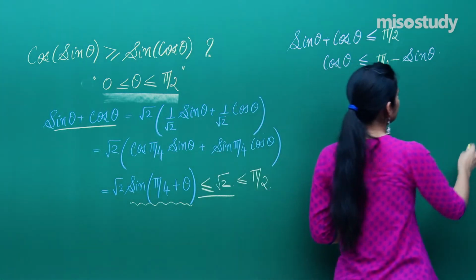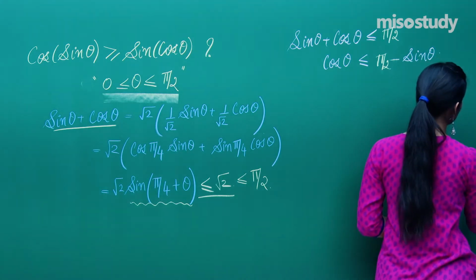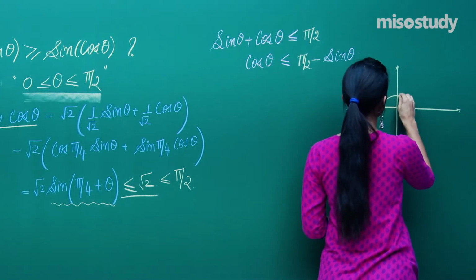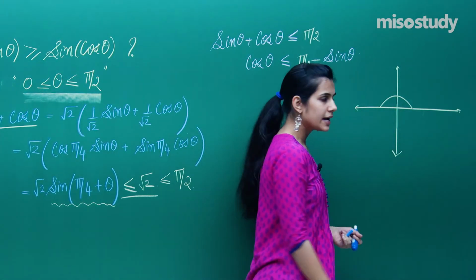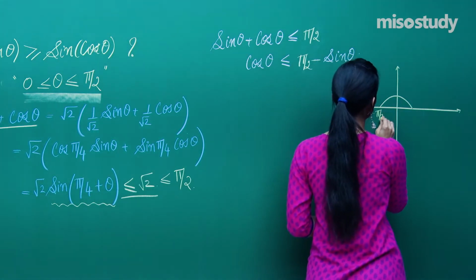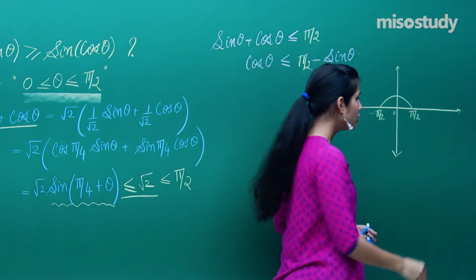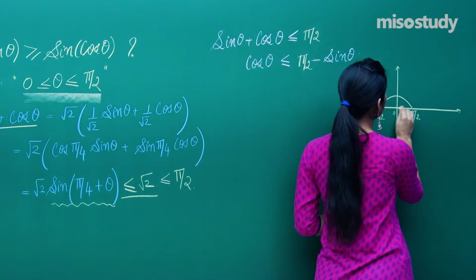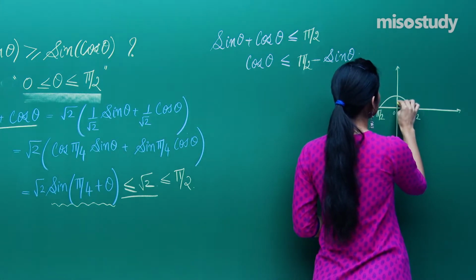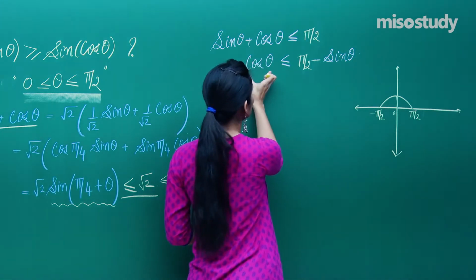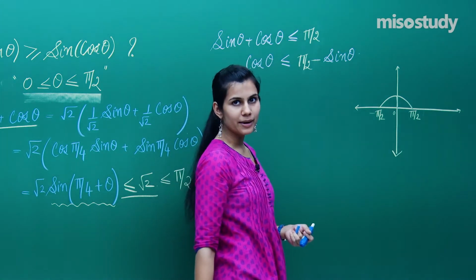Now see, whenever you have the graph of the cosine function, it is like this in the range minus pi by 2, pi by 2. And from 0 to pi by 2, if I primarily focus, cos theta is from 0 to 1. So cos theta is from 0 to 1 when theta is in 0 to pi by 2.